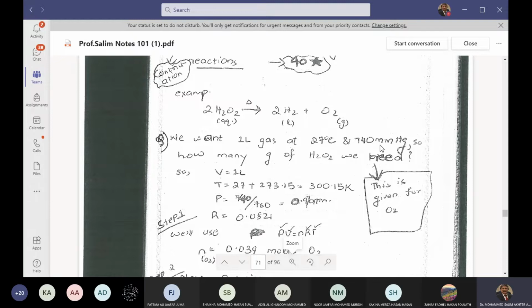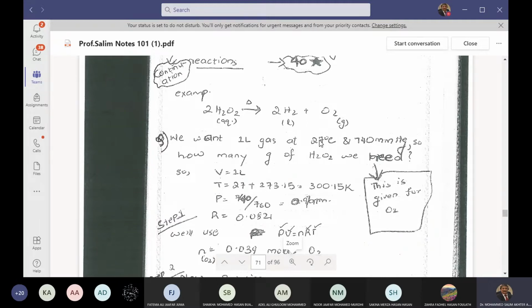The question is, how many grams of H2O2 are needed so I can heat it and make this gas? This is called calculation. Now, 1 liter means this is volume.